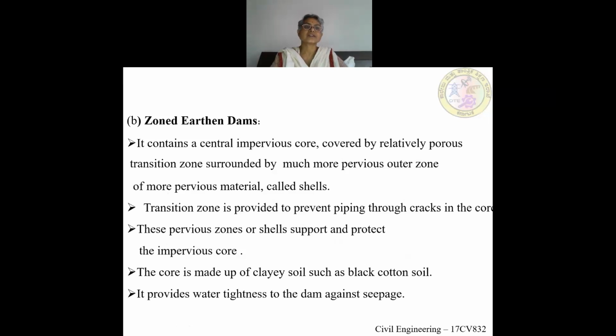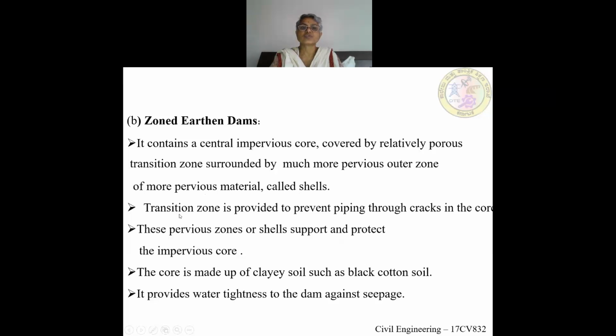The next is zoned earthen dams. Here it contains a central impervious core. The same thing is repeated here: the impervious core is covered by a relatively porous transition zone, surrounded by a more pervious outer zone of more pervious material, and the outer zone is called the shell.